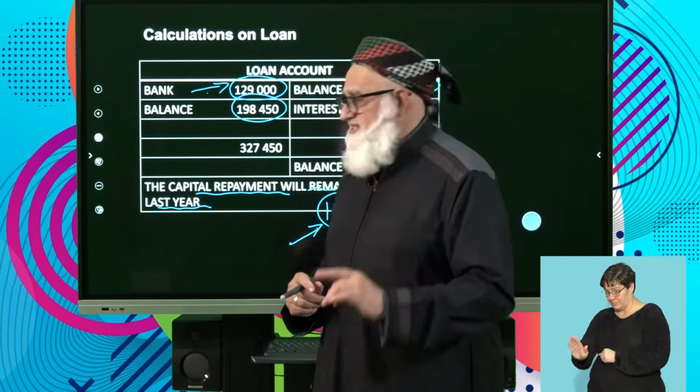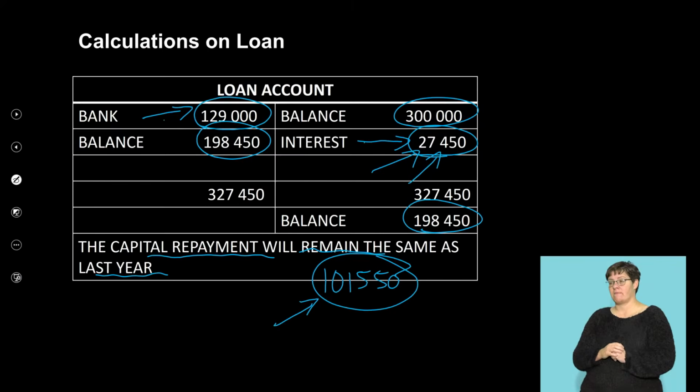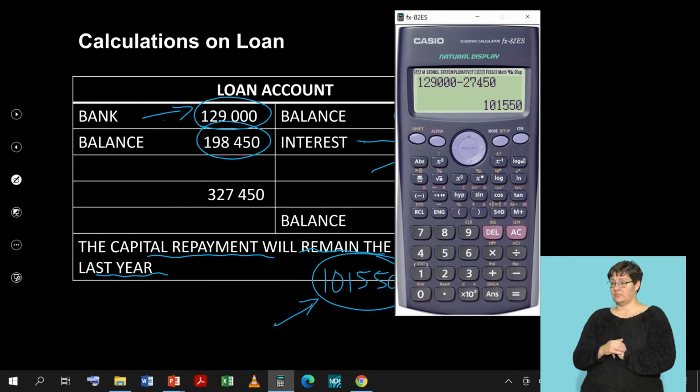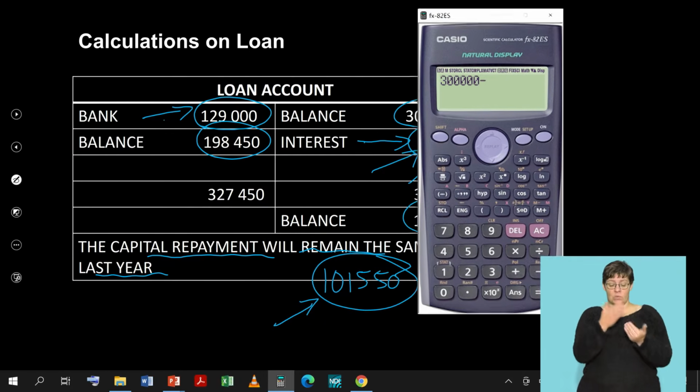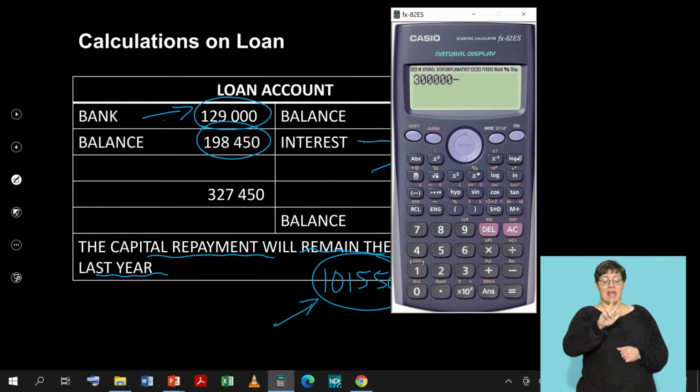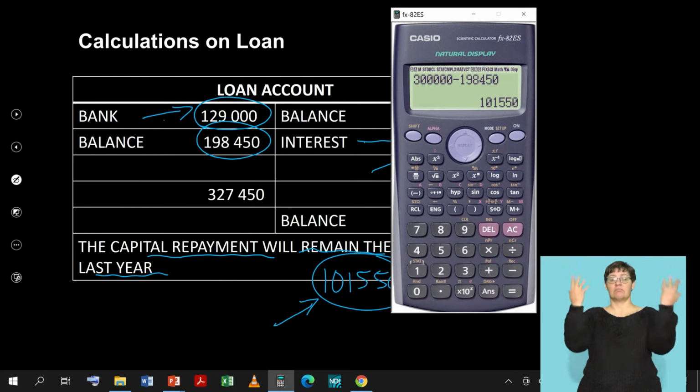But now, let me show you another way of checking this out. If I take my opening balance of 300,000 minus my closing balance of 198,450, what do you get? 101,550, the same amount.